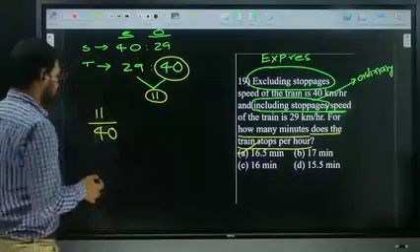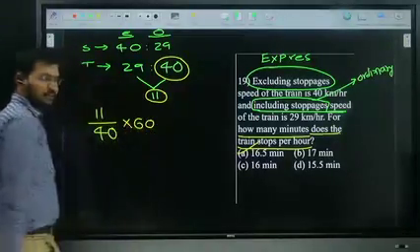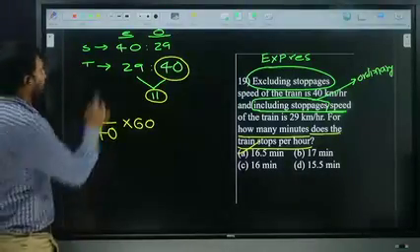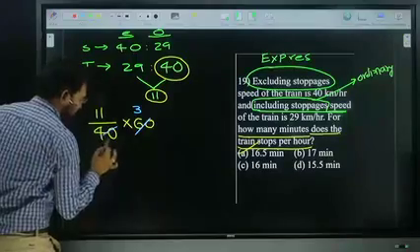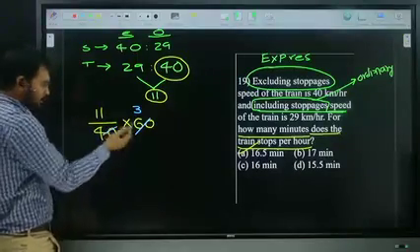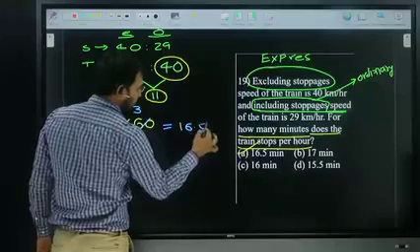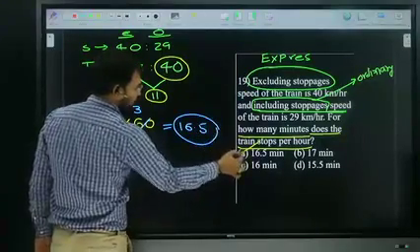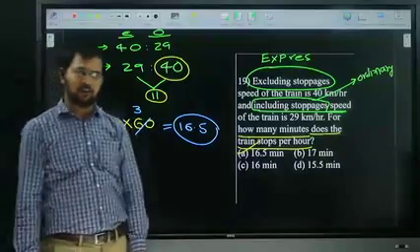They are asking in minutes, so into 60. Look at me, all of you. 2 elevens are 22, 3 elevens are 33. 33 by 2 is 16.5. Therefore your answer is 16.5. So 16.5 is the right answer.